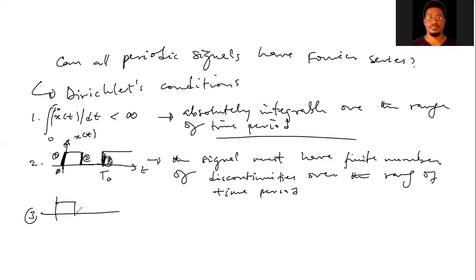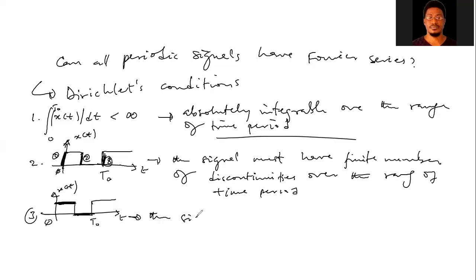So if we have a signal, say this, and this is the time period, this is the maxima and this is the minima, and that is finite, right? Over this time period.